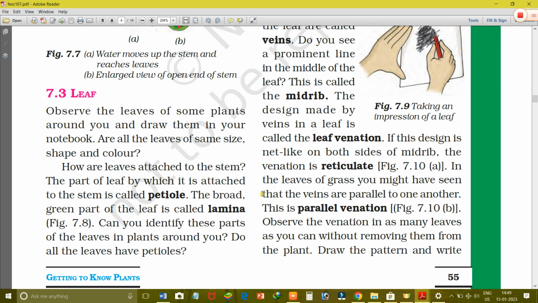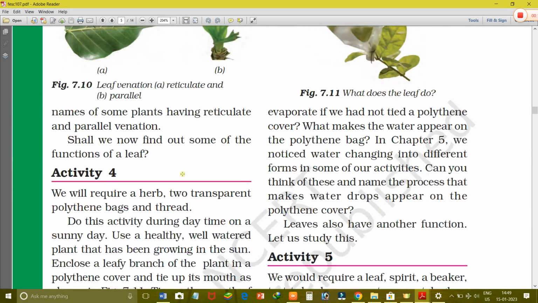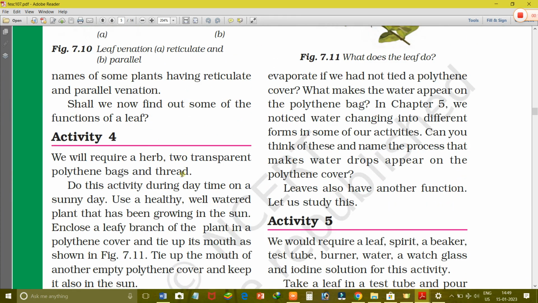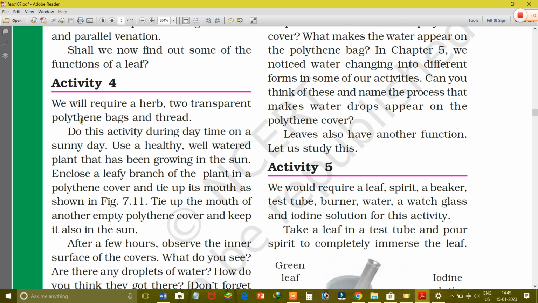Draw the pattern and write names of some plants having reticulate and parallel venation. Shall we now find out some of the functions of a leaf?